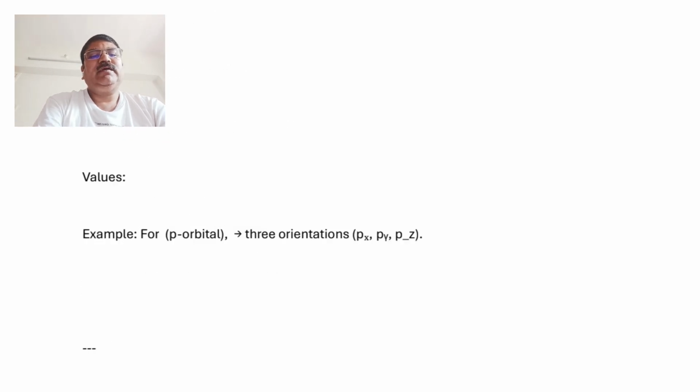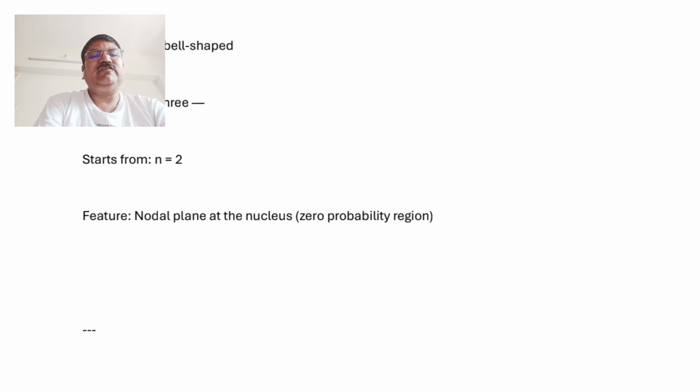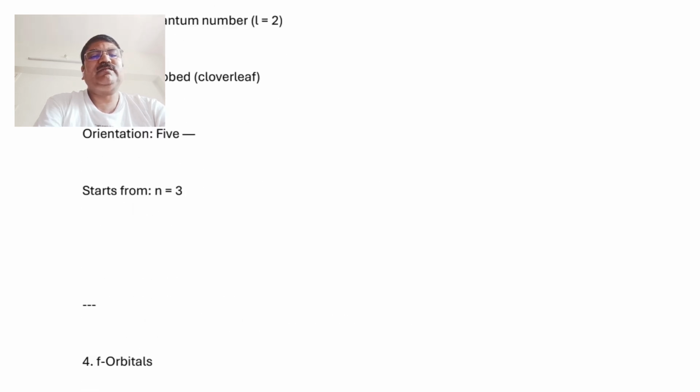Now see the shapes of these orbitals, that is, the azimuthal quantum numbers.